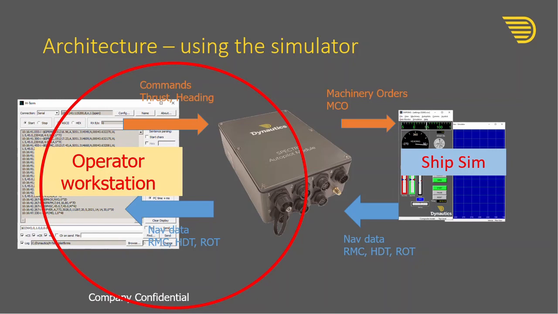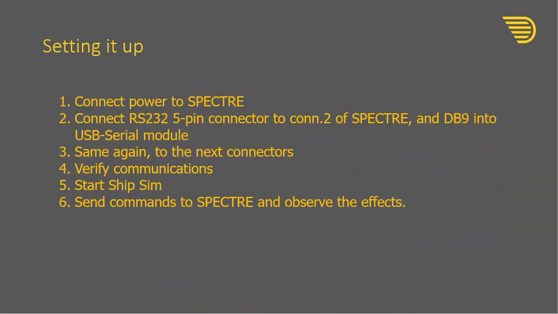So let's have a look at how to plug all those things together and verify that they are working. Go to connect power, connect communications to both sides from Spectre to ShipSim and to the operator workstation, verify that they're working, start ShipSim, and let's get going, sending commands to Spectre and controlling it.